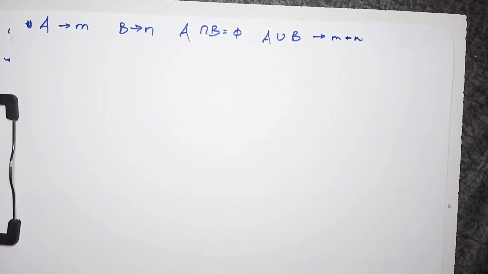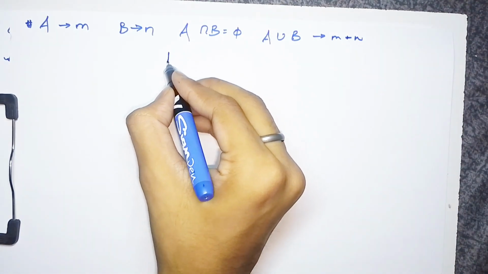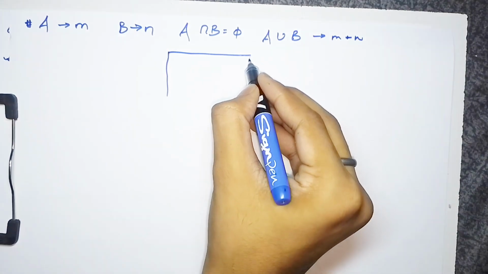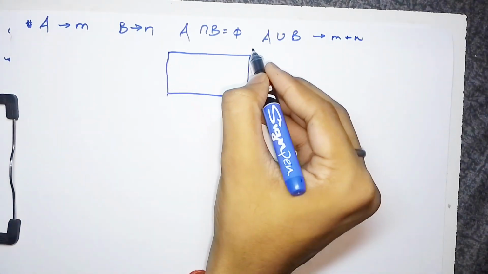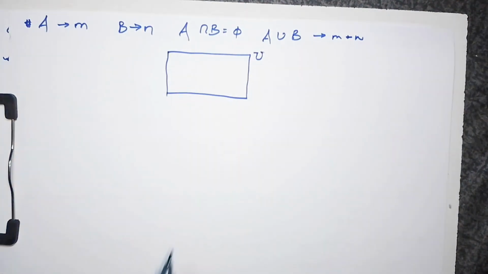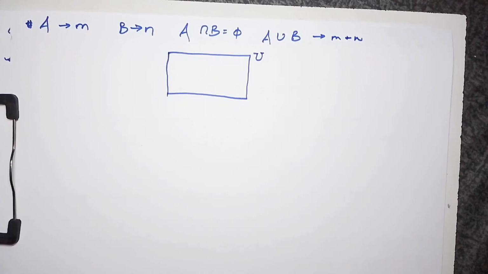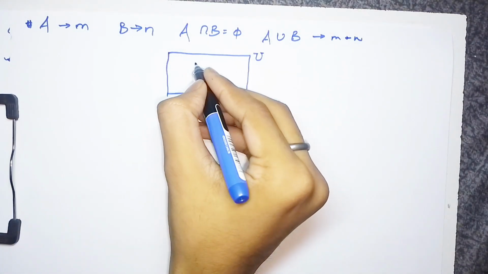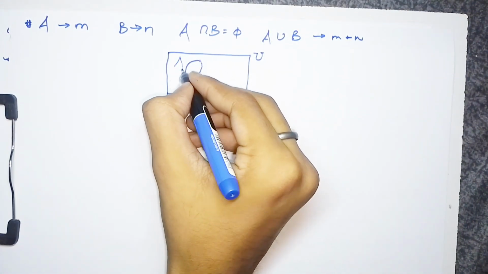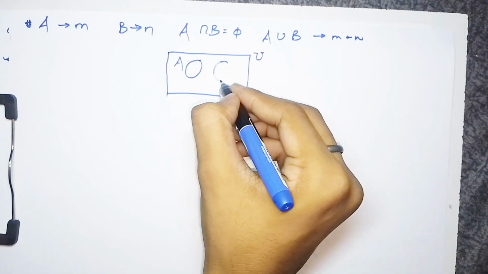We can prove it via theory as well as by using a Venn diagram. I am going to prove this by using a Venn diagram. So let's make a Venn diagram over here. Suppose this is a universal set. In simple terms, you can understand it as a set which has all the elements that we are taking into consideration and some more elements than it. Now let this be set A. Now we will draw set B like this.